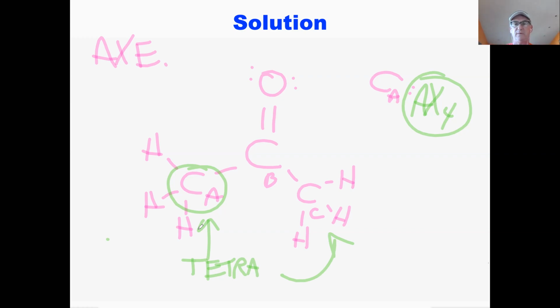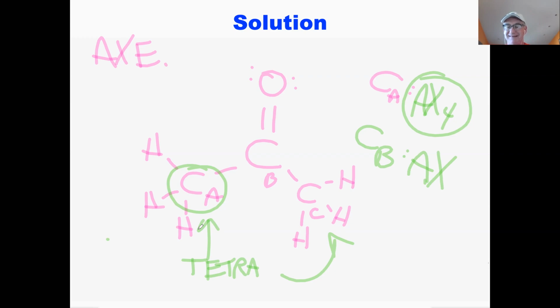What about carbon B? So carbon B in this instance is our central atom. How many atoms does it have surrounding carbon B? You want to tell us that, Mavlon?